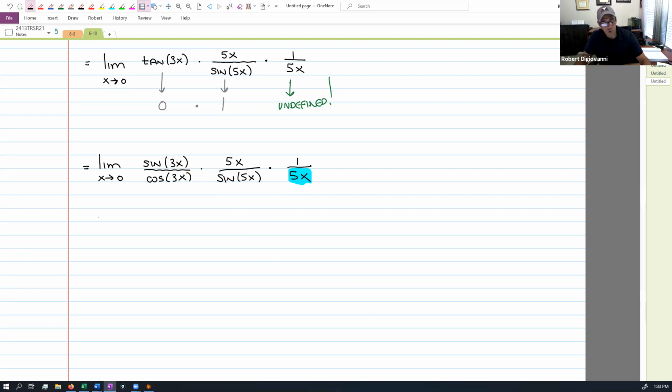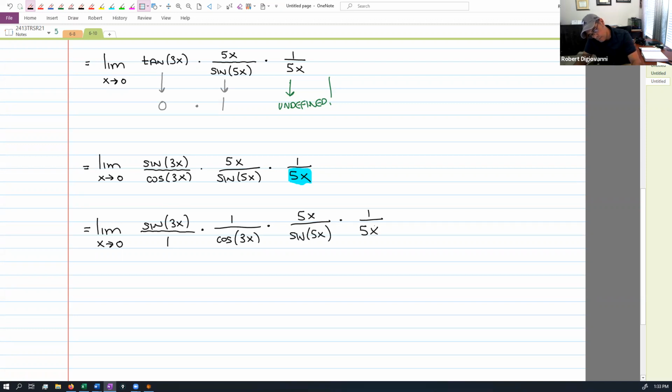Let me write one more step. Usually when I write the next step, someone will see it. Okay, so all I did here was rewrite sine of 3x over cosine of 3x as sine of 3x over 1 times 1 over cosine of 3x.